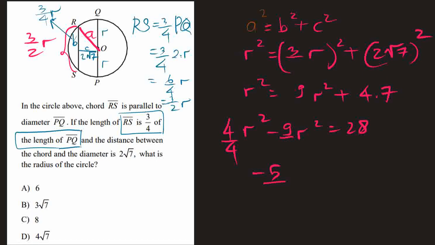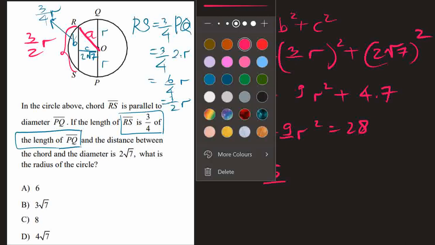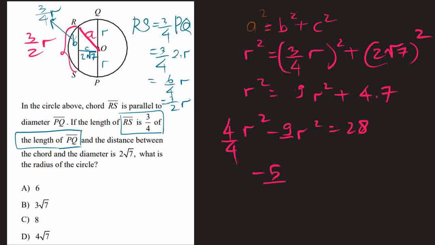3/4 R, squared, is 9/16. Now this will be 16/16. So now it becomes 7/16 R square equals to 28.